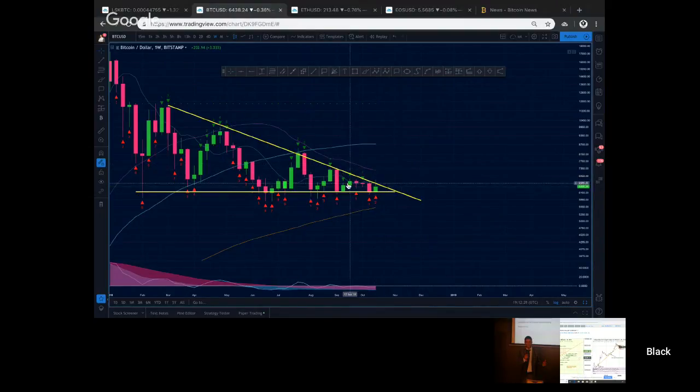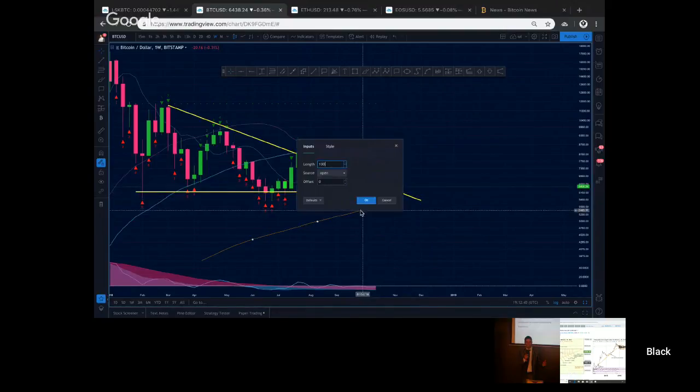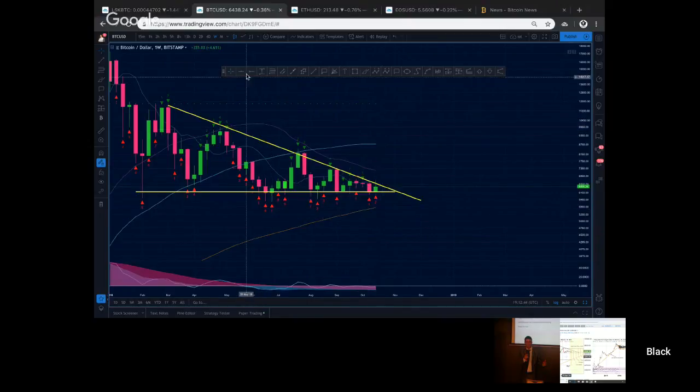Moving average 7 is also resistance right now, located near this resistance line. As support we have this moving average 100. This is a good support line now, near the 5,500 level. This is an important level for the market at this stage.